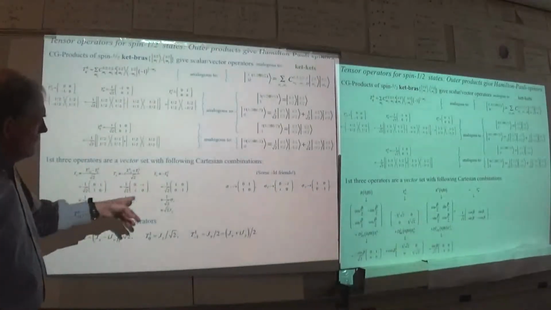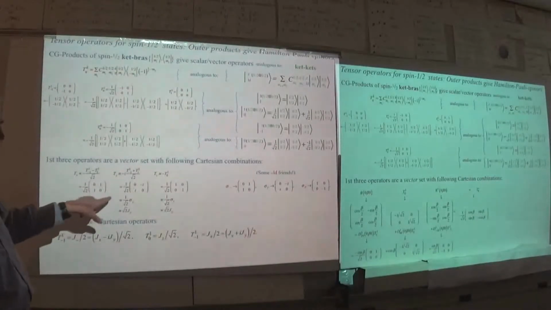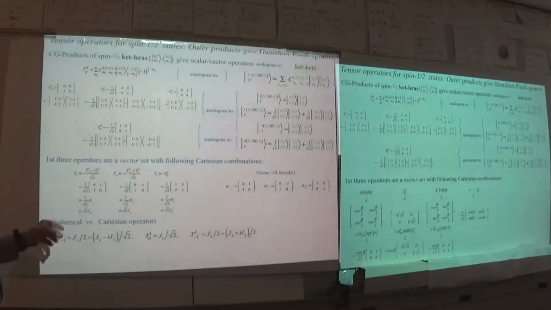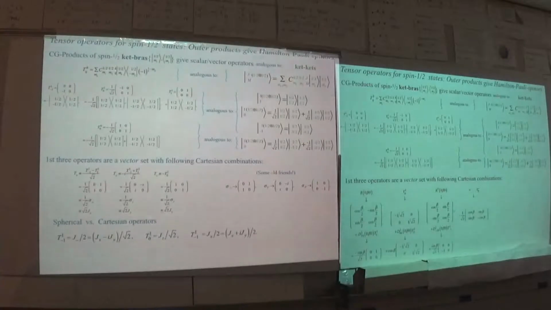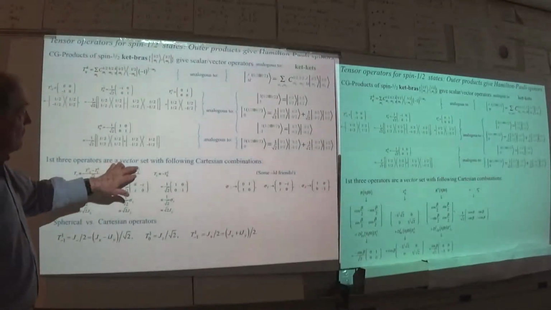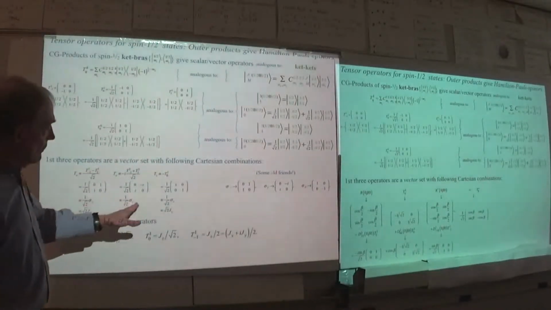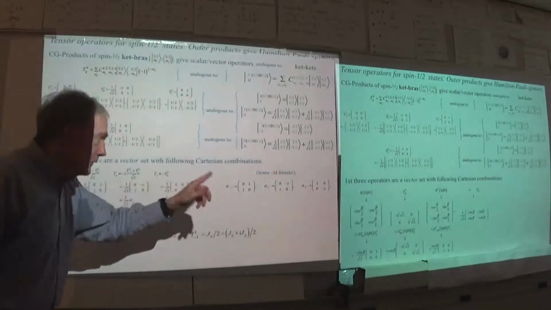These look a little suspicious, but they're the same darn thing. You can see if I phase them correctly, the only difference is an overall factor of 1 over the square root of 2 for sigma, or the square root of 2 for J x, y, and z respectively. So there's the circular type tensor notation up on top there. There's the stuff we're used to, good old Cartesian, x, y, and z, and there are the matrices that we know and love, right?